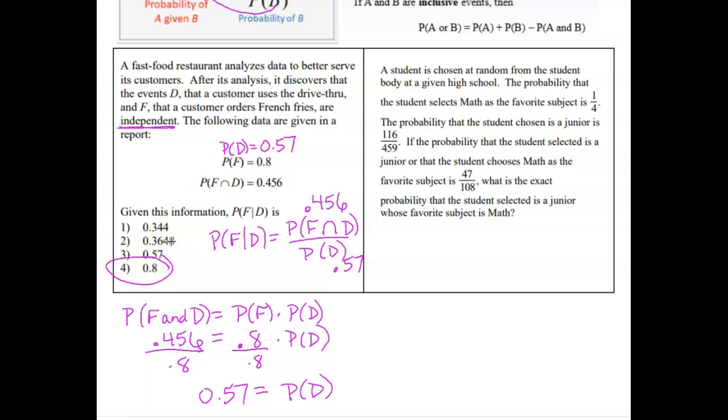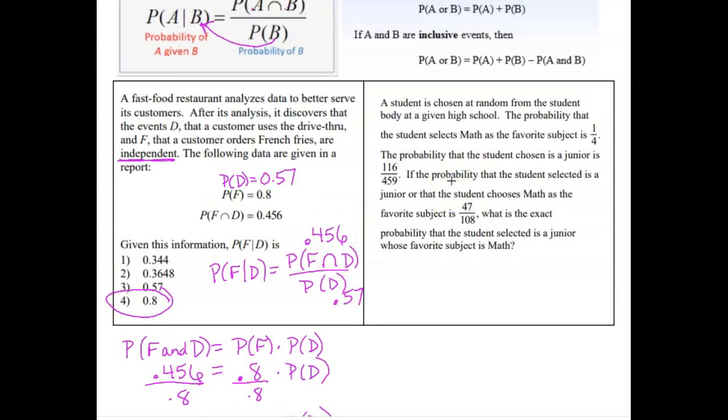So definitely not the easiest problems, but remember, we're in an honors class. All right, the last one also sounds super confusing. So a student is chosen at random from the student body. The probability that they select math is 1 out of 4. The probability that the student chosen is a junior is 116 out of 459.